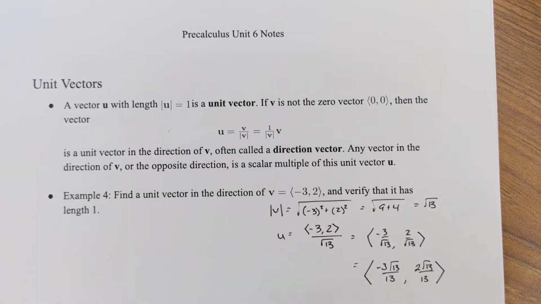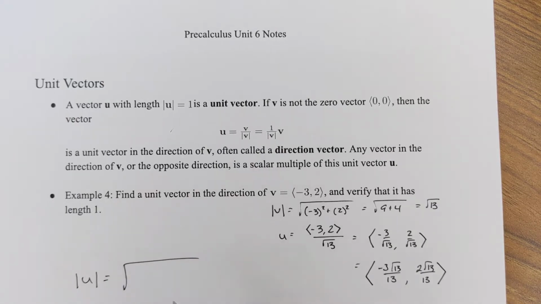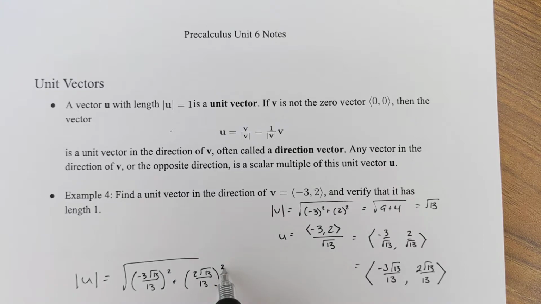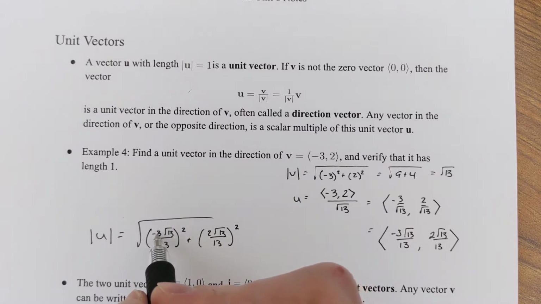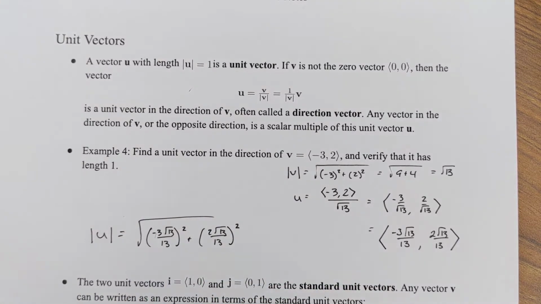To verify it has length 1, I need to find the magnitude of this vector. The magnitude of u is given by the square root of (-3 root 13 over 13) squared plus (2 root 13 over 13) squared. If I square that fraction, that's 9 times 13 on top, because the root goes to the 3, giving me 9, and root 13 squared cancels the root.